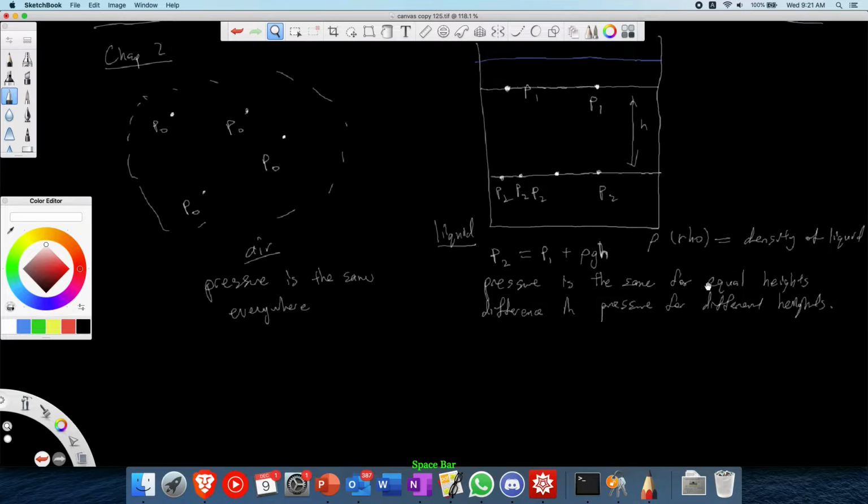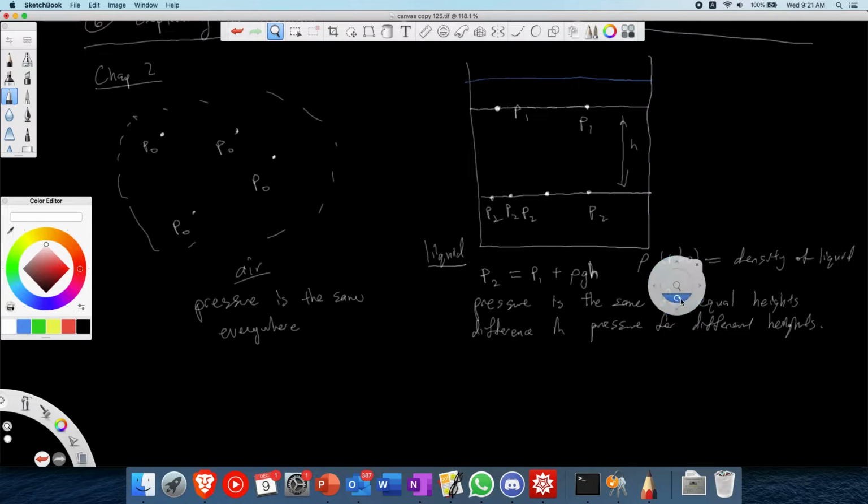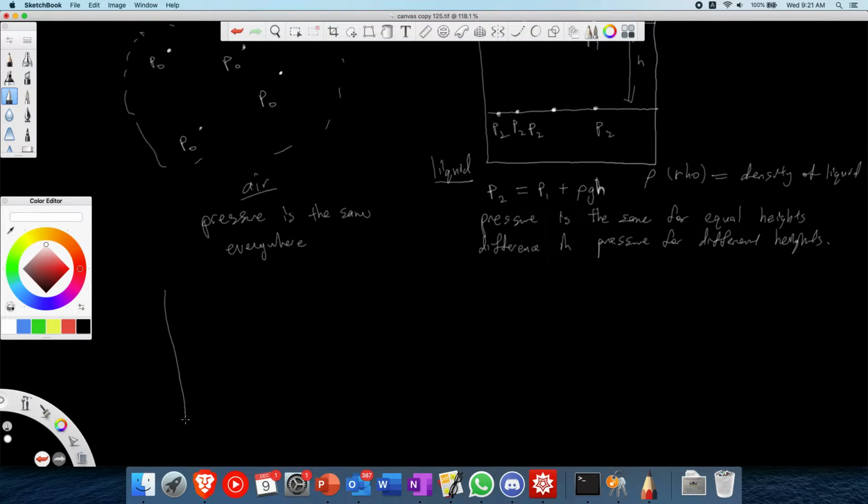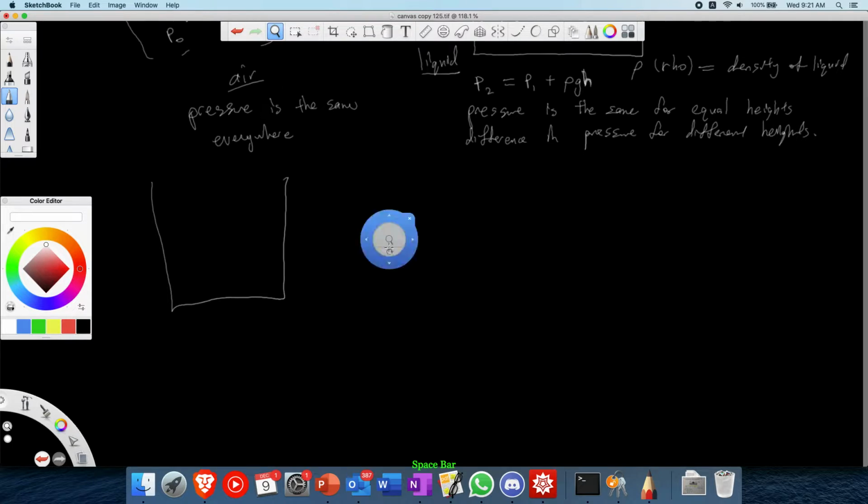So what happens when you are at the liquid-air interface? Let's say we have a basin of water or some tub of water, and outside here is P naught. What if we have a horizontal level here, and we want to find the pressure here, let's say P1, at a depth h from the surface?